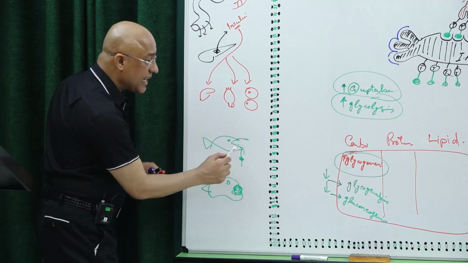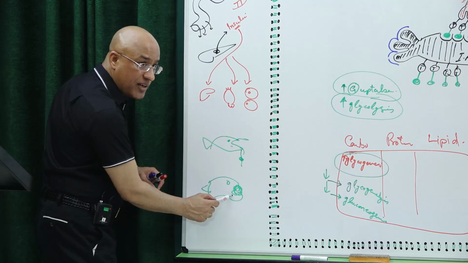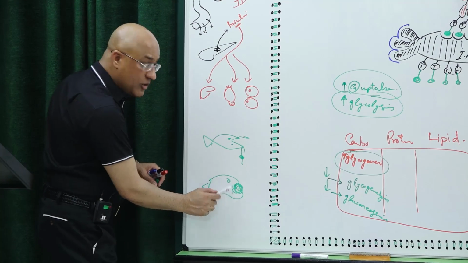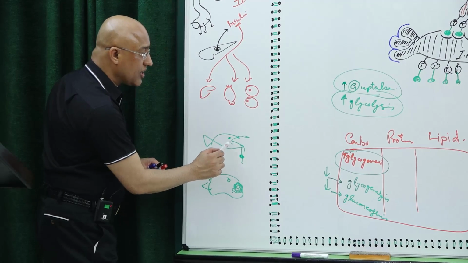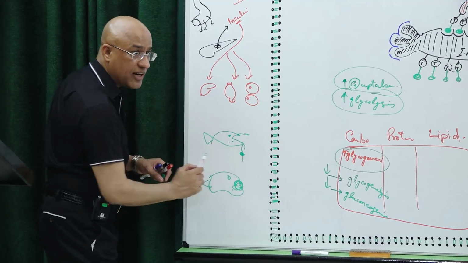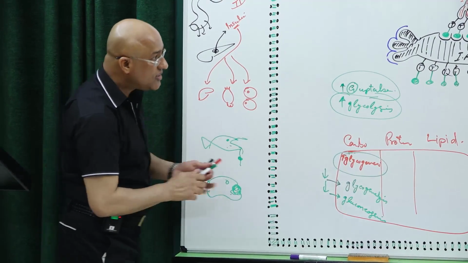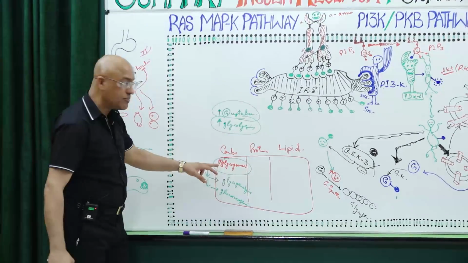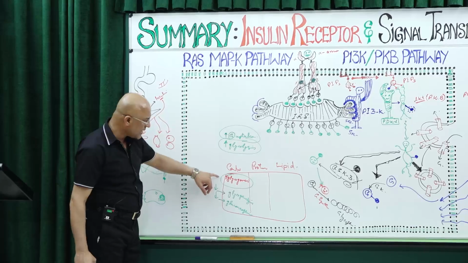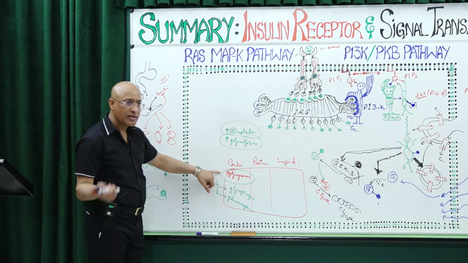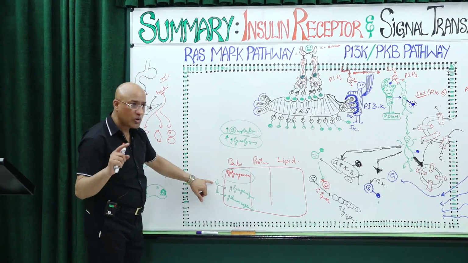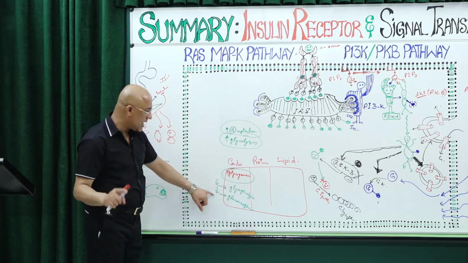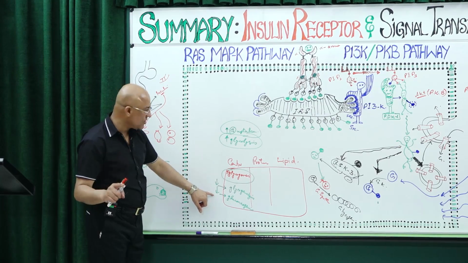So phosphorylation can activate some proteins and inhibit other proteins, depending upon how phosphorylation alters the active domain of that protein. So this Akt, right, it is acting on multiple enzymes in such a way that glycogen synthesis is increased and glycogenolysis is decreased and gluconeogenesis is decreased.